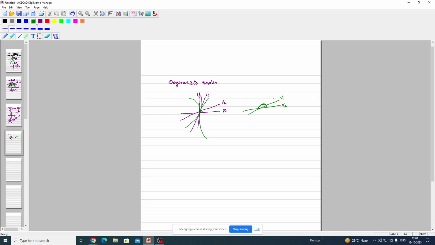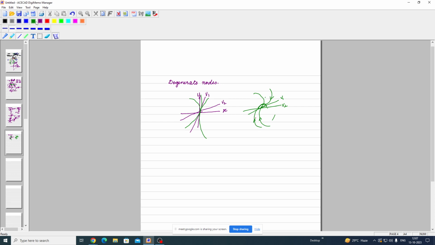What happens then? The lines still want to be tangential to v1. They still want to approach and be tangential to v1, not v2. They're okay taking the longer path. The flow lines are going to be tangential to v1.